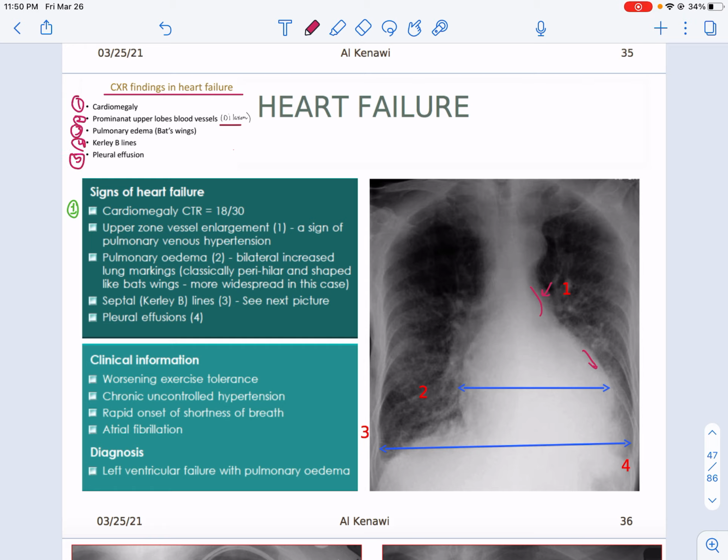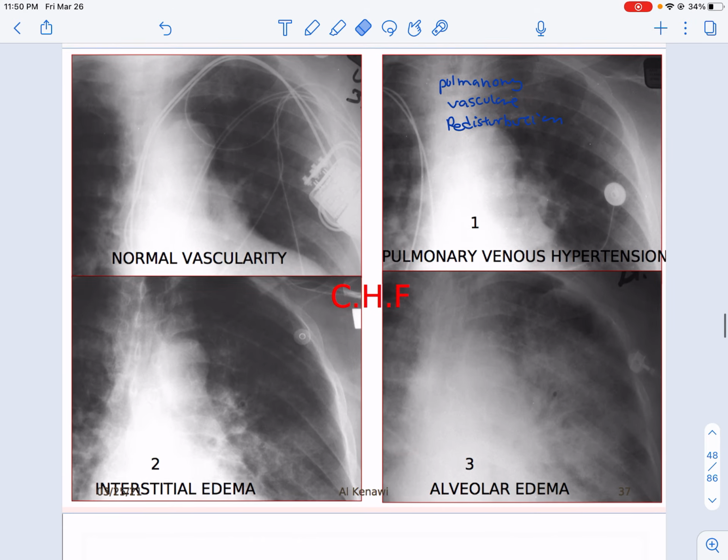These are the 5 signs by which we can know if the patient has heart failure or not. It's not necessary to have all the signs if the patient has heart failure. Here, some of them, like here the normal vascularity, كيف كان، بعدين كيف صار لما صار عند البيشنت pulmonary venous hypertension, pulmonary vascular redistribution صار.